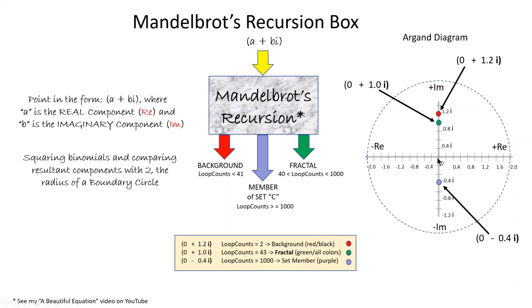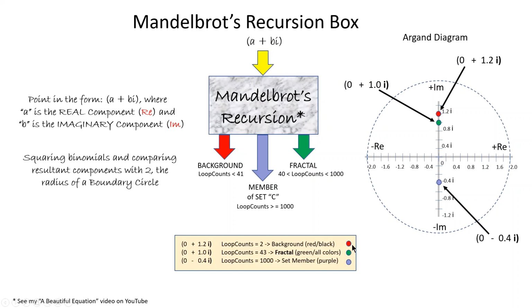The 0 minus 0.4i. Notice these are all small numbers because they're all within 2, smaller than 2. So we pick 3 points, and we send these 3 points to Mandelbrot's recursion, and it comes back and gives us information. It says, this is a background point, and it's red.